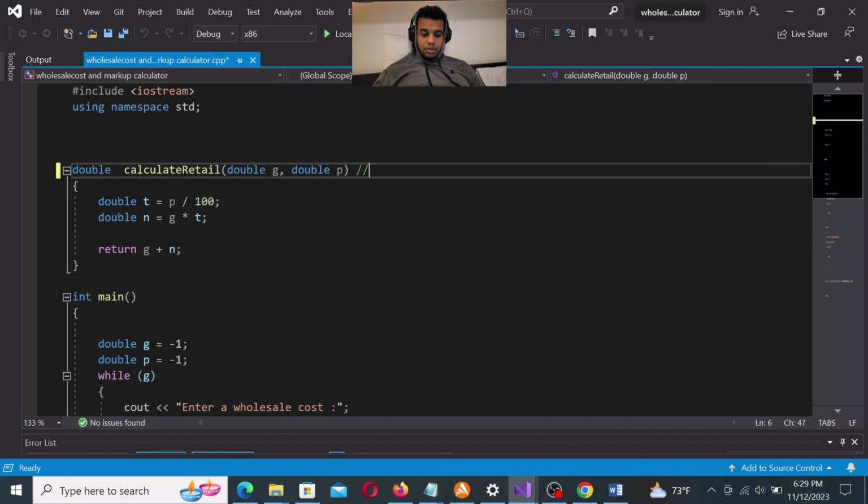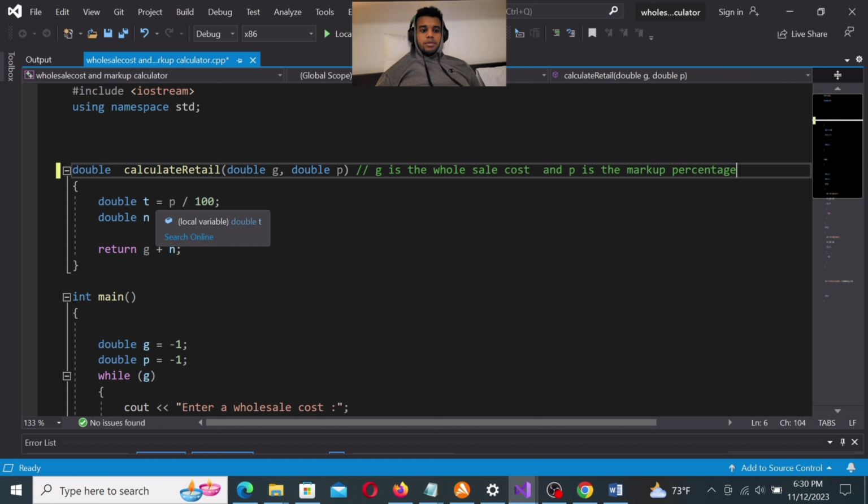So G is the wholesale cost, and P is the markup percentage.